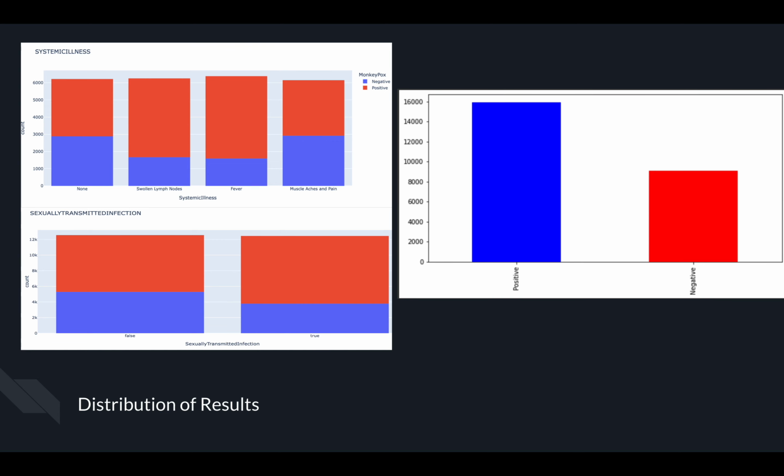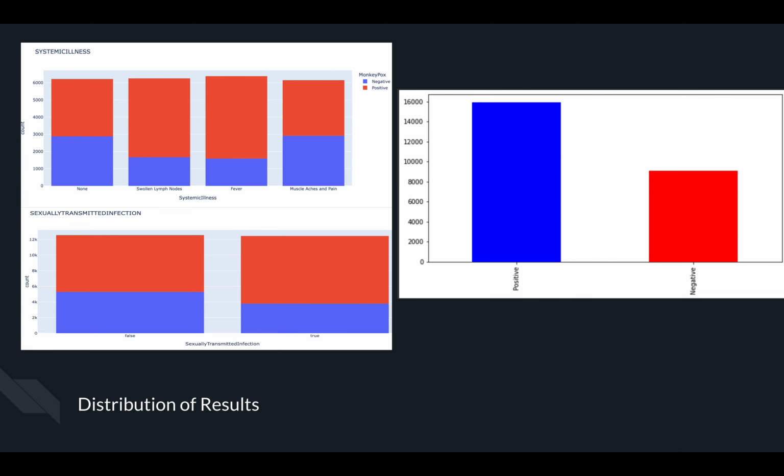Moving on, I did some exploratory data analysis, and I looked at some of the initial results from just looking at the data and the distribution of the data. As you can see here, there's significantly more positives than negatives in this data set, as well as a breakdown of some of the symptoms. There's slightly more patients who test negative who do not have STIs.